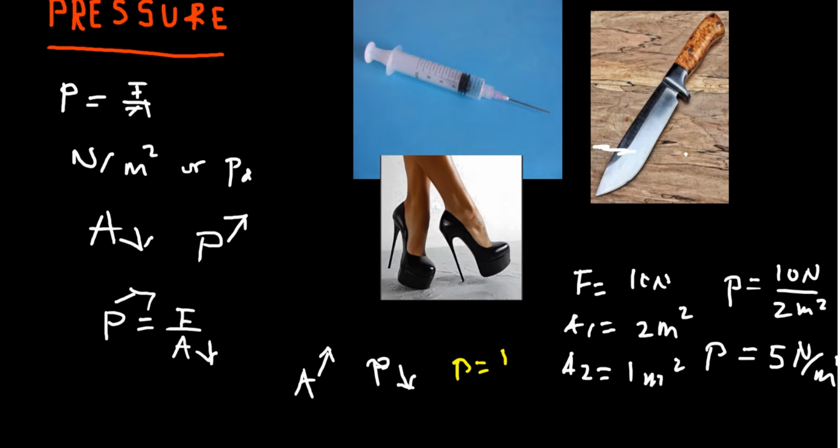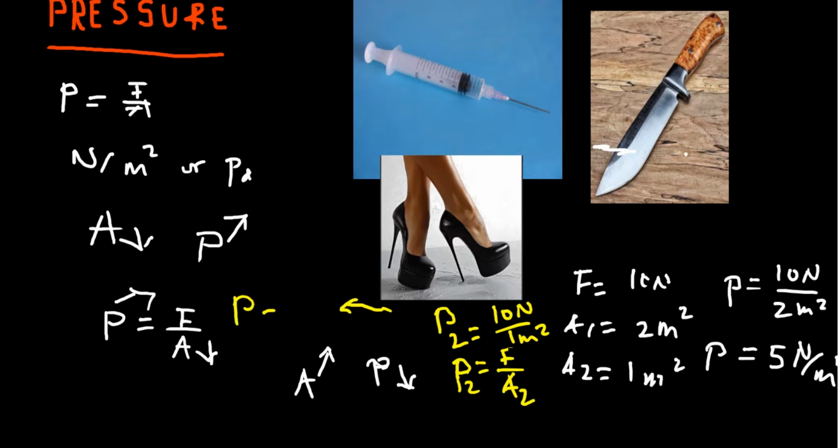This will produce pressure P2, which will be equal to force again over area 2. As this area 2 is smaller compared to area 1, the pressure P2 here will be equal to the same force, 10 Newton, divided by 1 meter square.